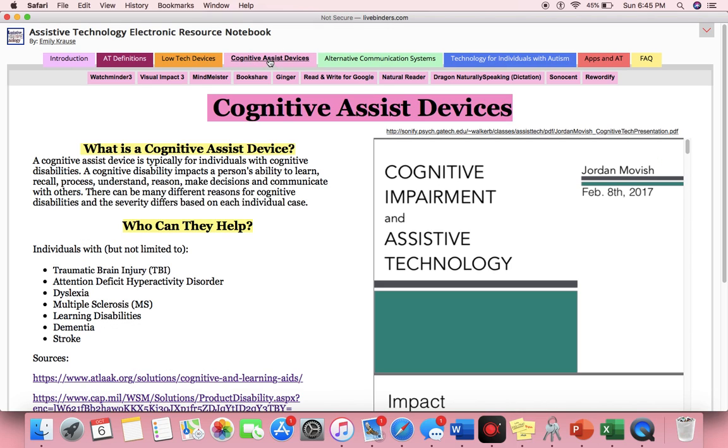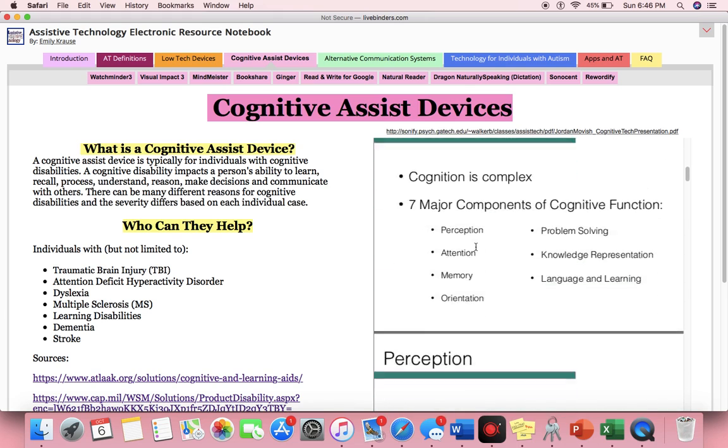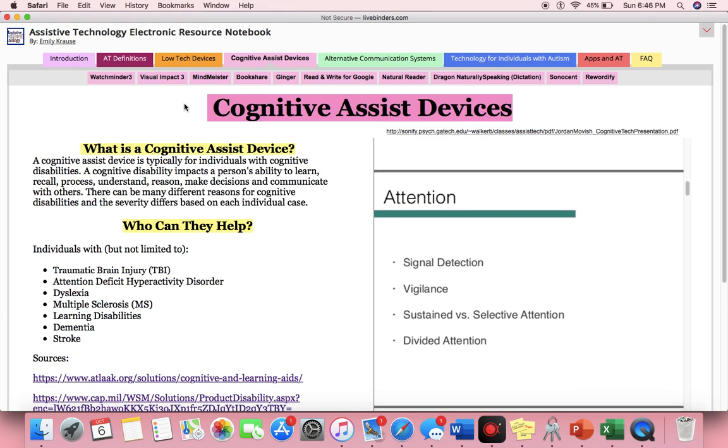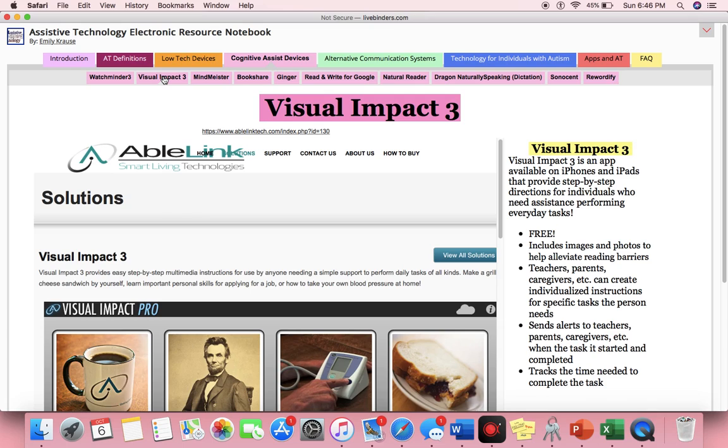The next category is cognitive assist devices. So I gave kind of an example or a definition of what it is, and then this awesome resource website. And then I wanted to share with you just this Visual Impact 3. This is an app for iPhones and iPads that is free, love it, that provides step-by-step directions for individuals who need it.